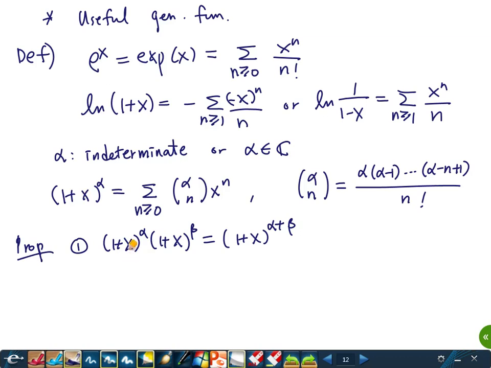It follows from the definition. If you confuse this with the original power function, you may think, oh yeah, this is trivial, why do we have to prove this? But this is not trivial. This follows from this. Try to prove this. We know that exponential functions and logarithmic functions are inverses of each other. That can be proved in this way.